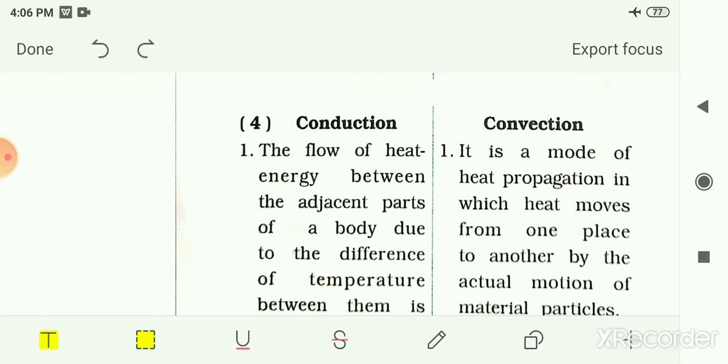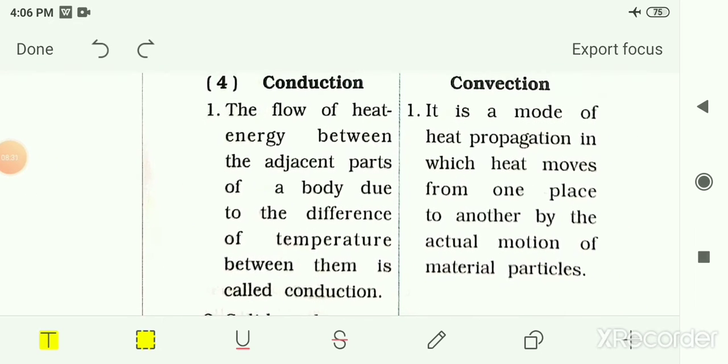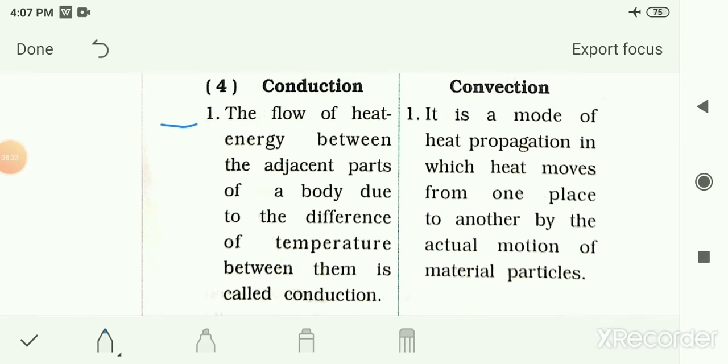The fourth one is the difference between conduction and convection. The first difference: in conduction, the flow of heat energy between the adjacent parts of a body due to the difference of temperature between them is called conduction. What is conduction?